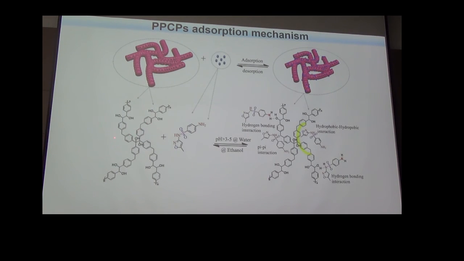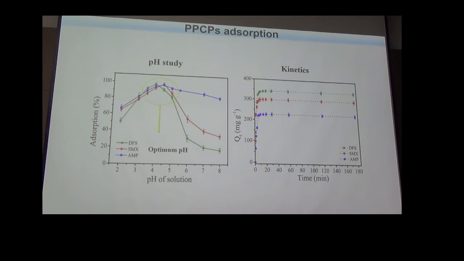And further, the absorption mechanism is proposed by using SMX as a model compound. This absorption mechanism is derived based on the pH study and the XPS analysis. In the pH study, the absorption was maximum at 4 and 4.5 for these 3 PPCPs, which suggests that the absorption mechanism involves the hydrogen bonding interaction.